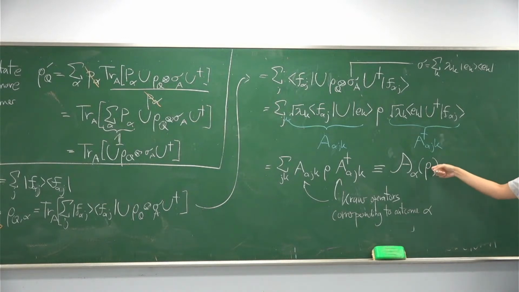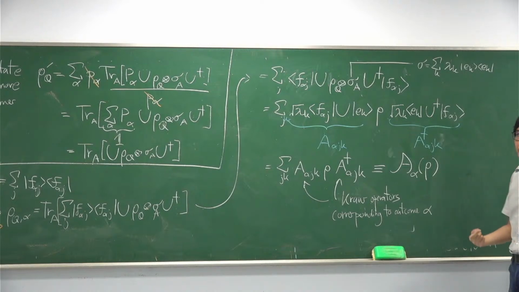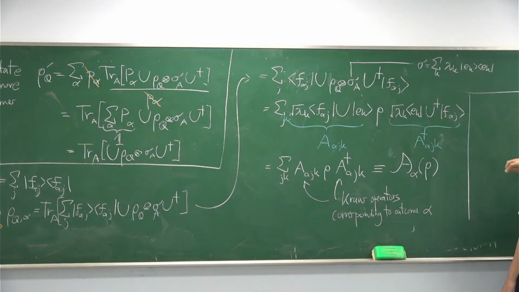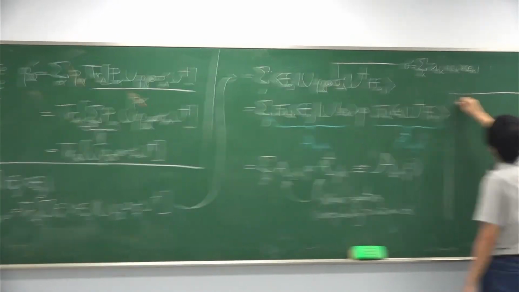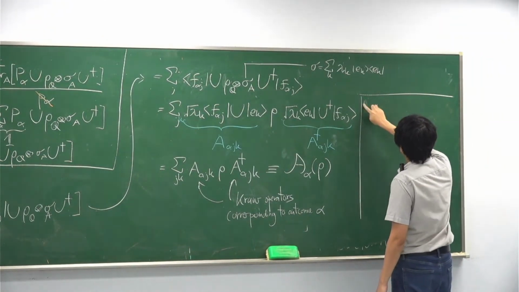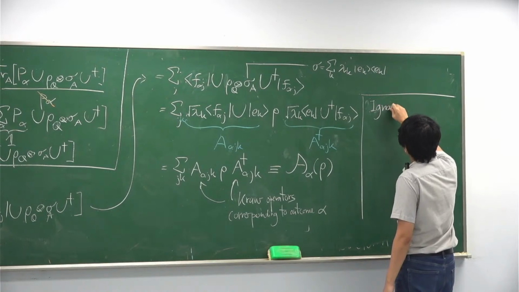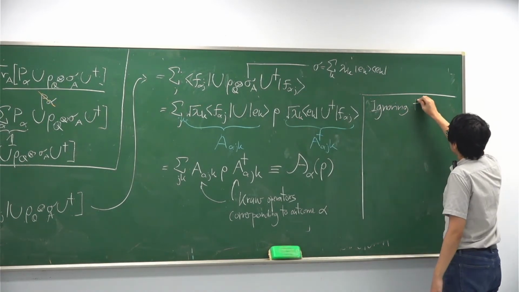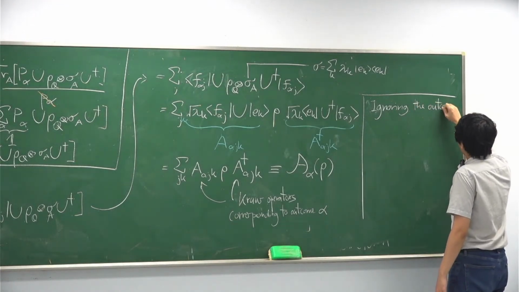This rho is the input: you input the state of the system, and you get out another state of the system, without looking at the outcomes.